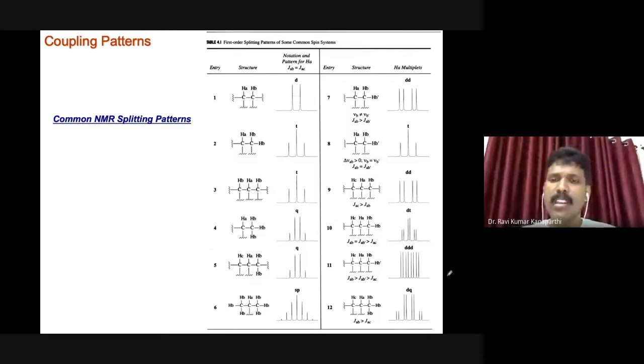Similarly, we can have a different situation: a doublet of a triplet, and a doublet of a doublet of a quintet. So these are different possible patterns that we normally come across. But as I told you, most of these are very complex situations.